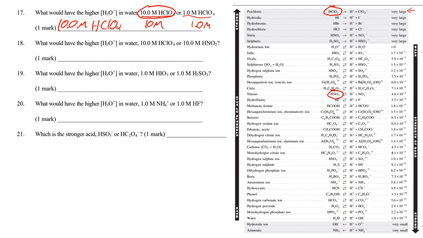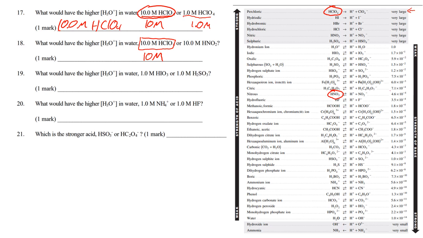Which one is going to have the higher concentration? We know that this one is going to 100% ionize. So the concentration of H3O plus is going to be 10 molar for this one. What is going to be the H3O plus concentration in nitrous acid? I don't know. Well, we could calculate it.